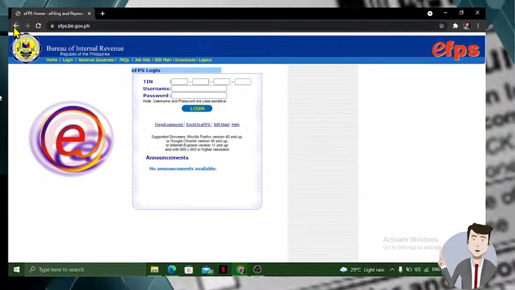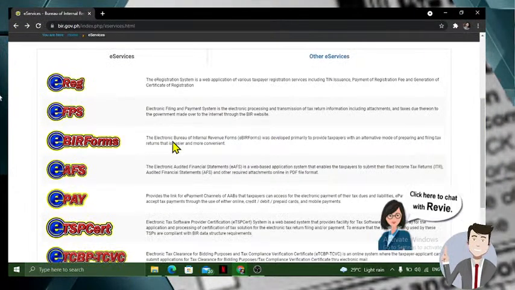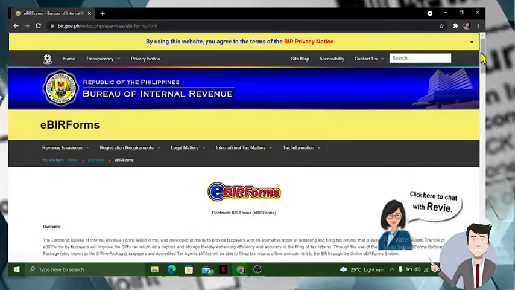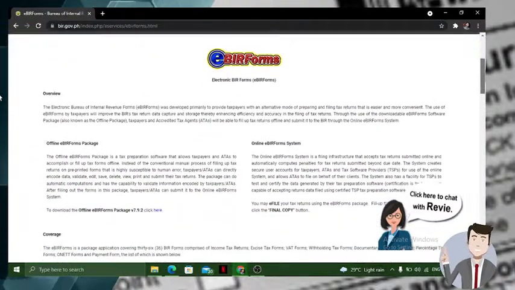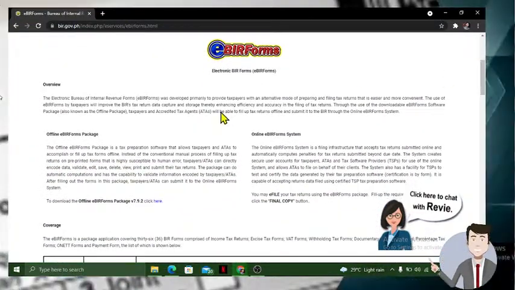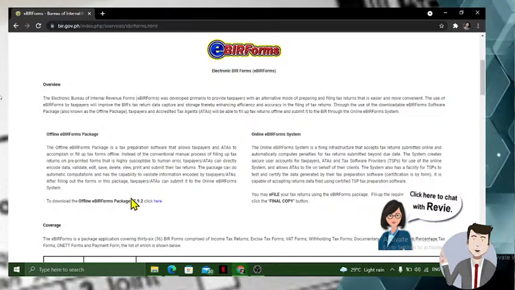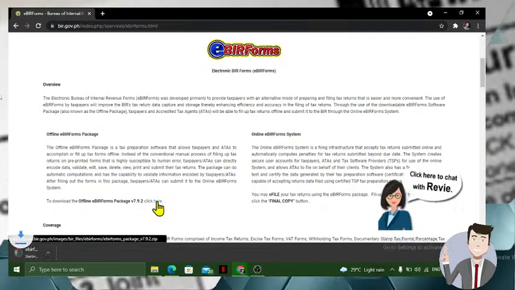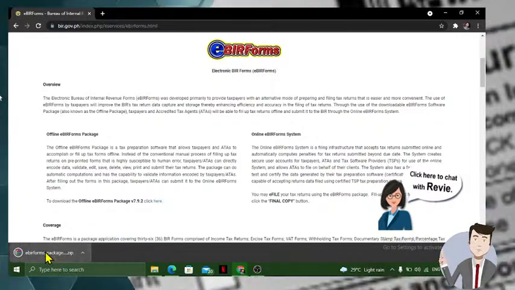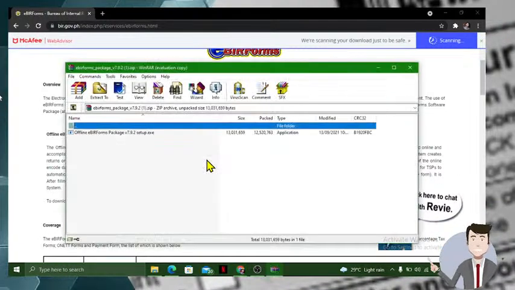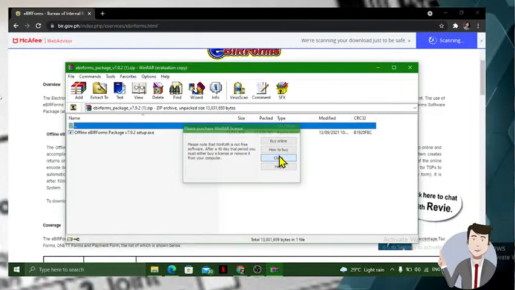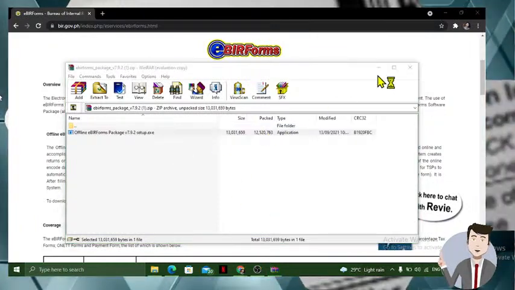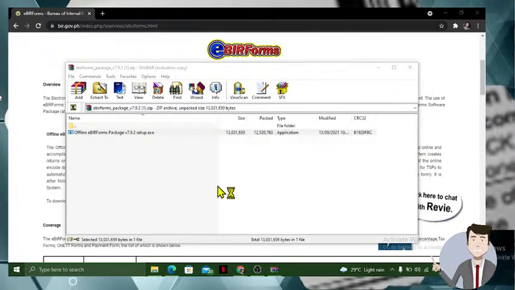Okay, so let's discuss the eBIRForms. There is actually an offline package provided by the Bureau of Internal Revenue. So let's download it, then after which, install.